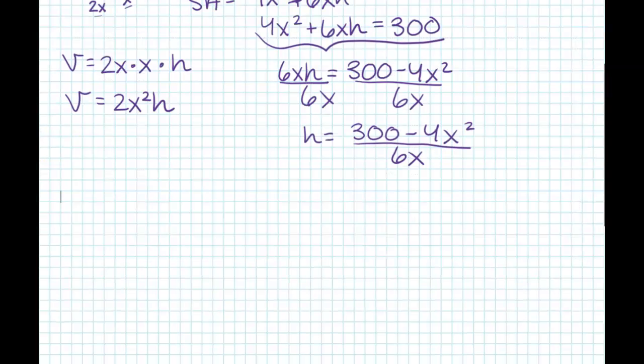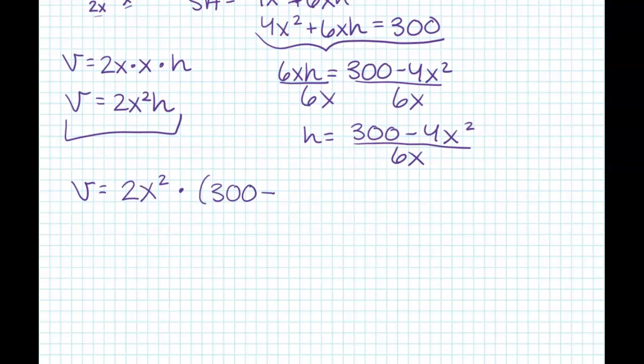All right. So if that's our h, now I'm going to put it back in here. So volume is 2x squared times (300 minus 4x squared) over 6x, okay? Because here's our h, and we're replacing it with that h. So now this is 2x squared over 1, just to keep everything lined up.